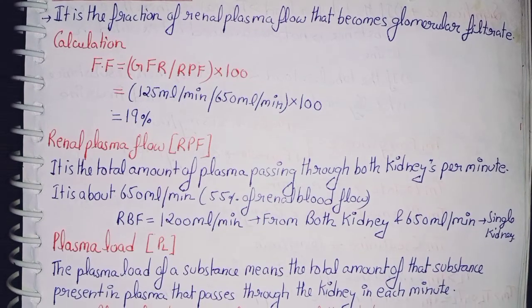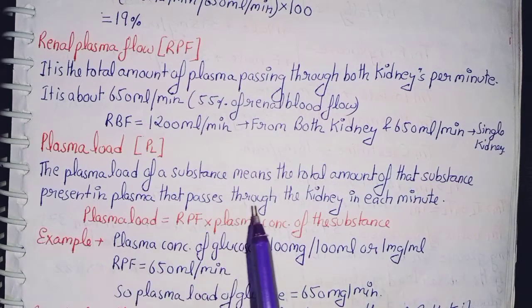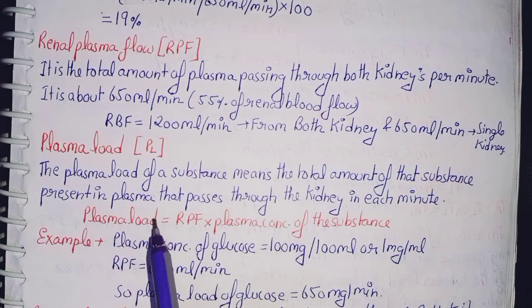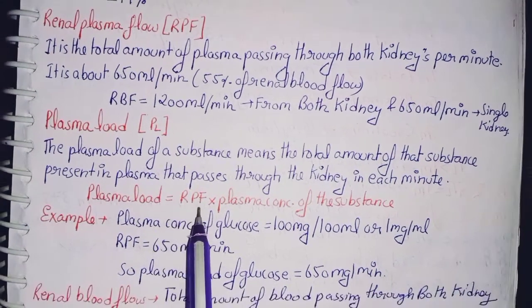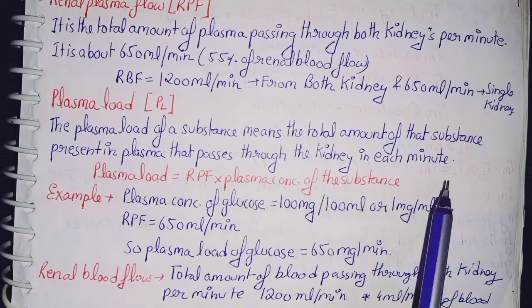Now coming to plasma load. What is plasma load? Plasma load of a substance means the total amount of that substance present in plasma that passes through the kidney in each minute. Its formula is renal plasma flow multiplied by the plasma concentration of the substance.